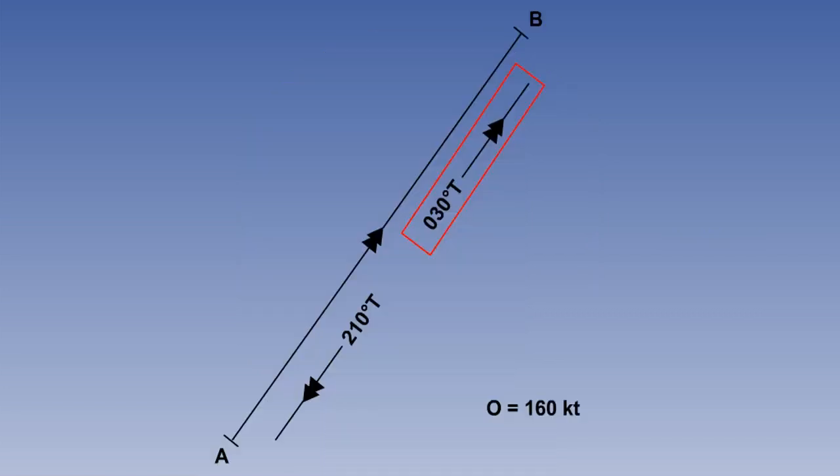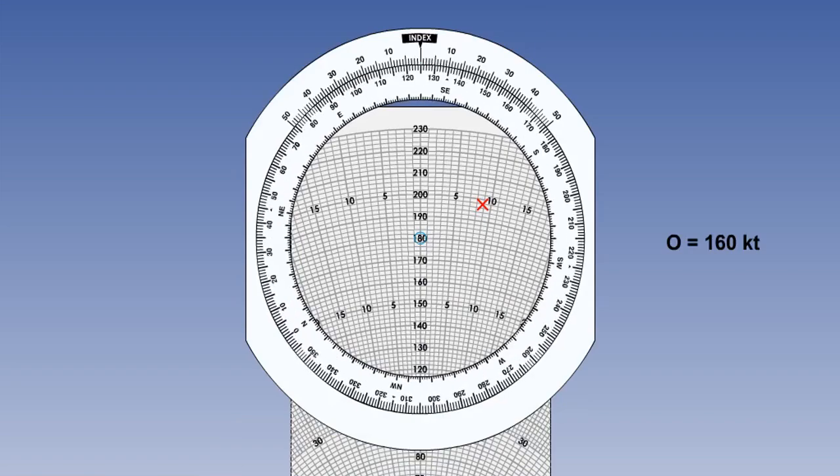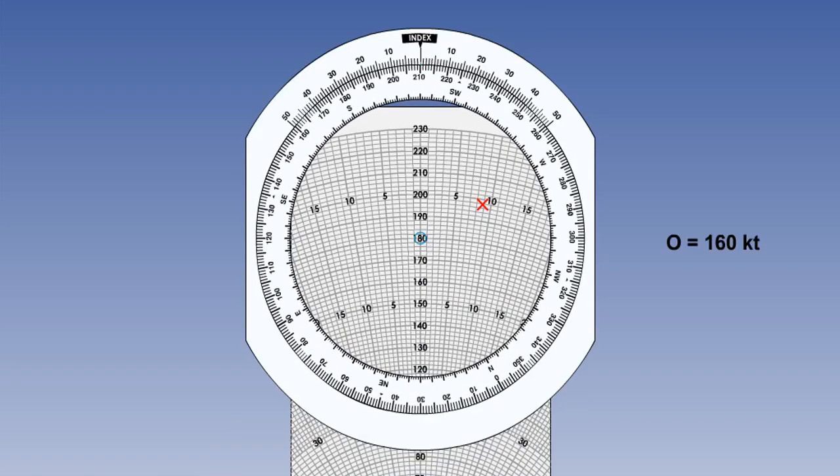Now we find H. If the outbound track is 030, the homebound one must be the reciprocal, 210 degrees true. Rotate the inner scale to put the homebound track of 210 against the 12 o'clock index, still keeping 180 knots TAS under the centre circle.